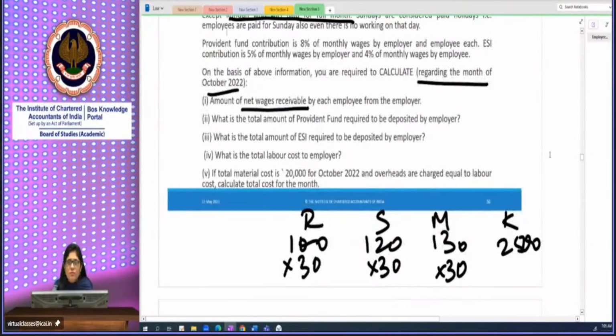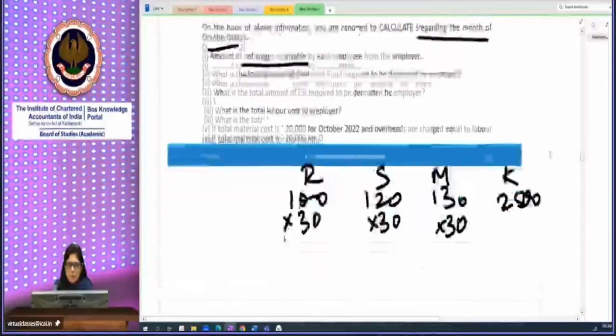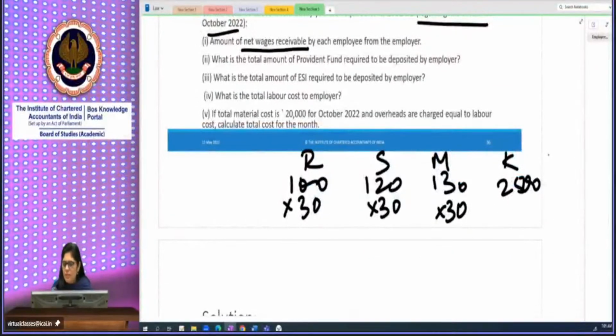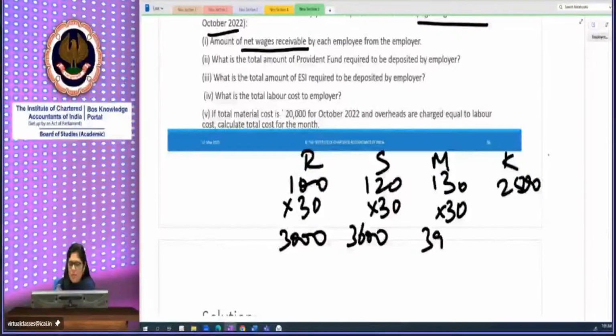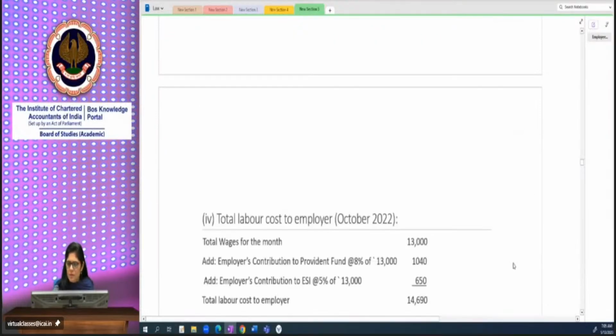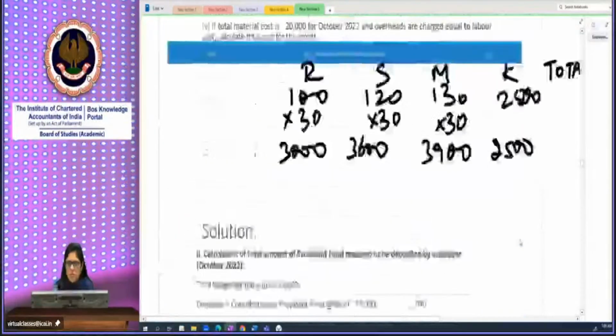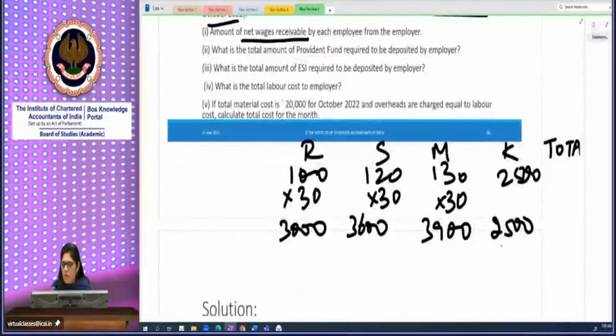Now, since we have to calculate the earnings, this is the total wages. Can anybody tell the total wages, please? So this will be 3000, 3600, 3900 and 2500. Please tell me the total. So the total has to be 13,000.